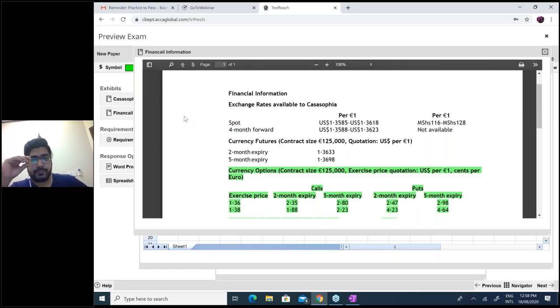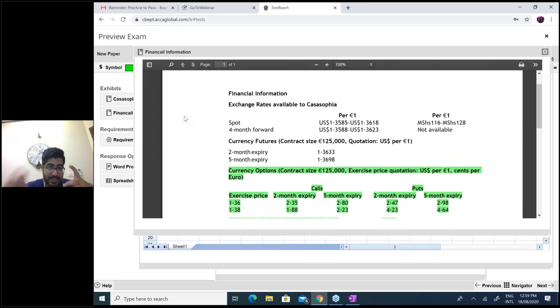Listen carefully. You are receiving US dollar 20 million. You are in Europe, right? Look at my hands. You are in Europe, right? So if you are receiving US dollar 20 million, what will you do? You will go to the money changer and sell dollars.